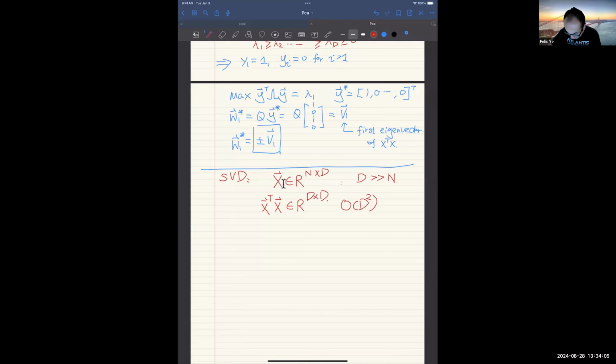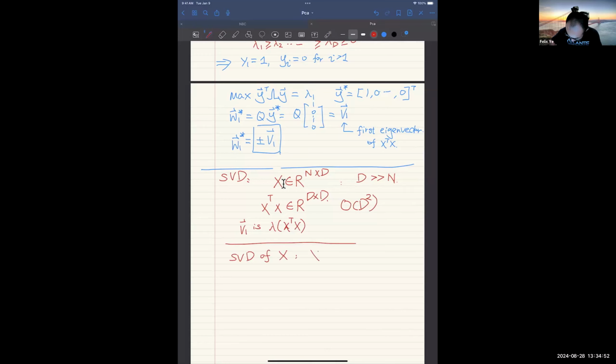So instead of finding the eigenvectors of X transpose X, a different approach is to use the singular value decomposition of the data matrix.